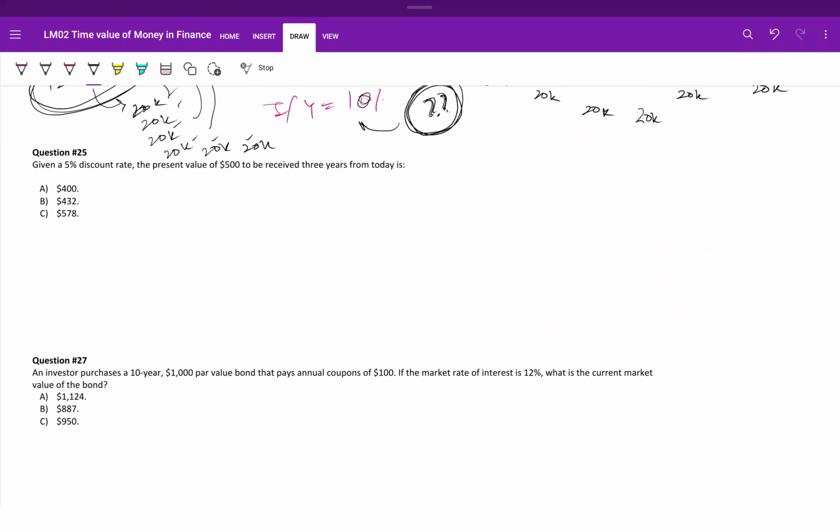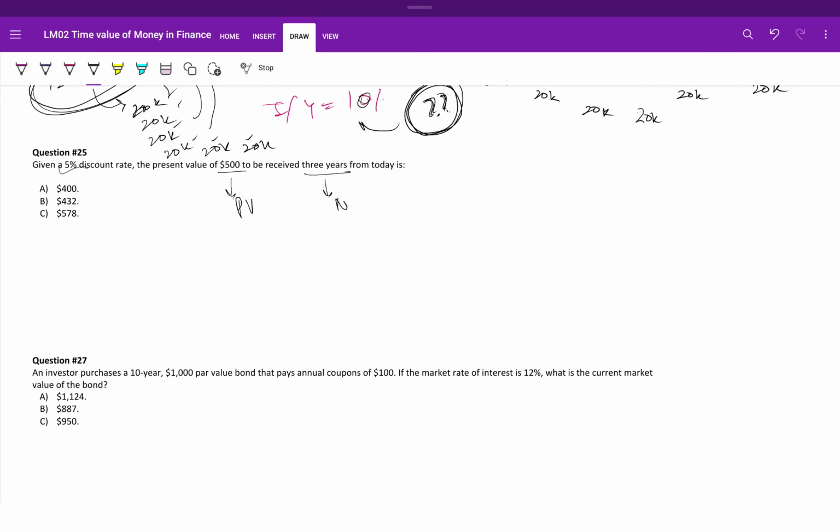Okay, now let's start with question number 25. Question number 25 is asking us, given a discount rate, the present value of 500 received 3 years from now.